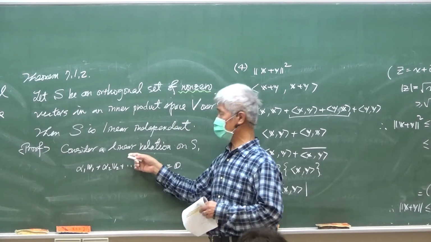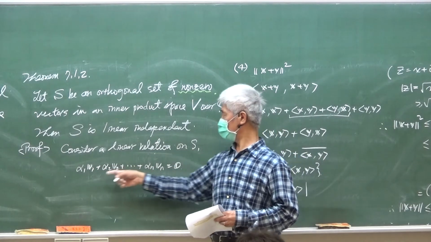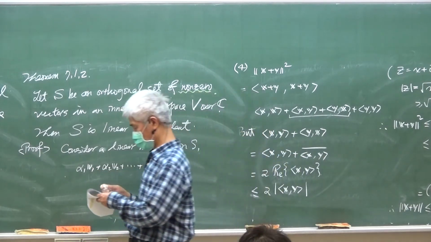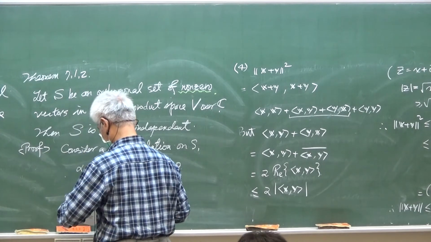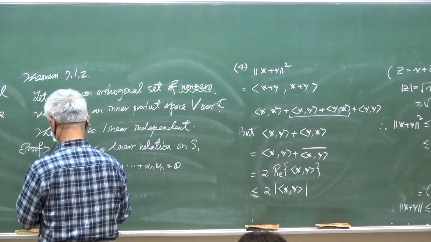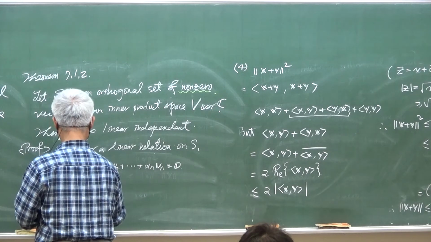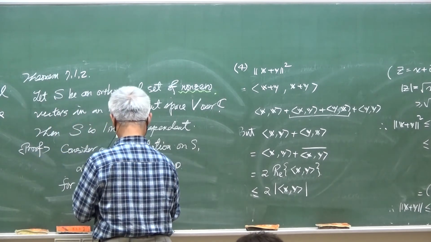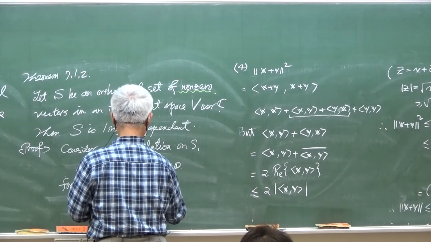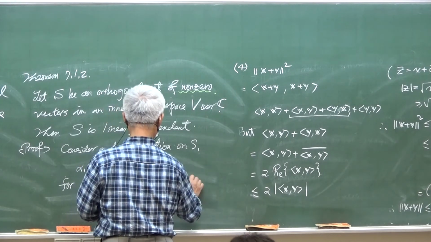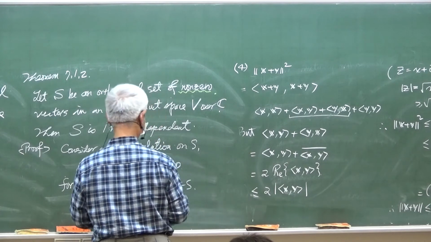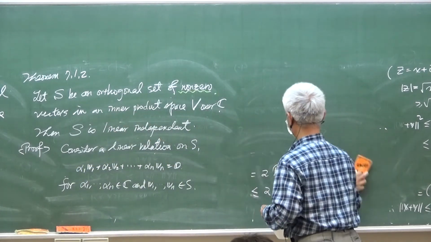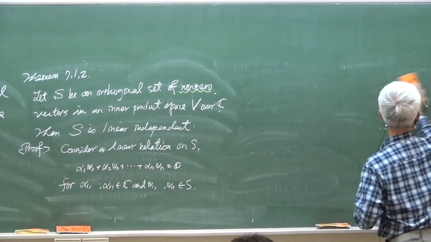But when we say a linear relation, we always pick finitely many vectors in S, for alpha 1, ..., alpha n in C and v1, ..., vn in S. Now we consider such an arbitrary linear relation.